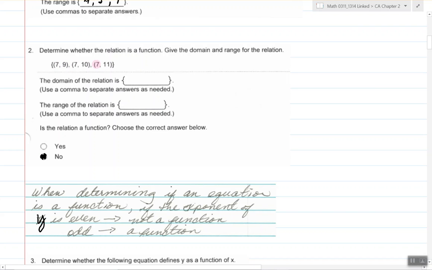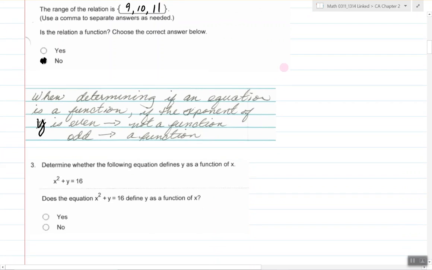And this 7 has a bunch of different y's. So the domain, all I will list is 7. Even though it's up here 3 times, in a set you only list a unique element once. The range is 9, 10, and 11.